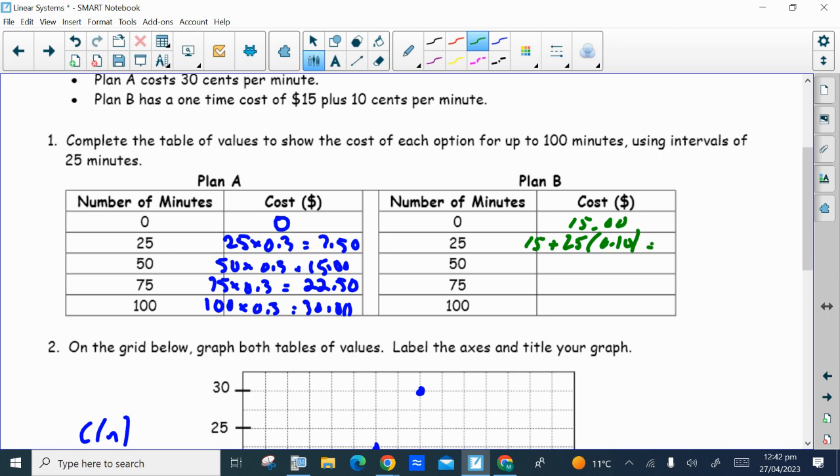So that'll be 15 plus 2.50, which is $17.50. For 50 minutes, again, it's 15 plus 50 times 0.10, which will be 15 plus 5, or $20.